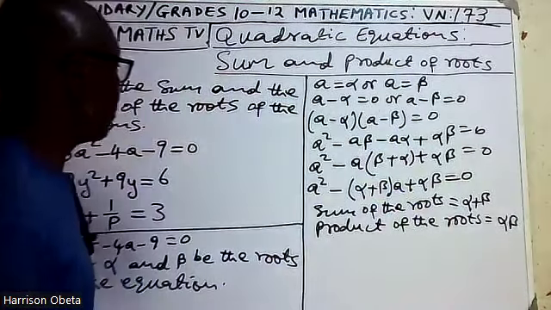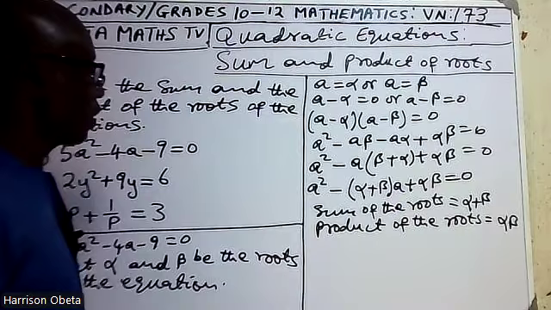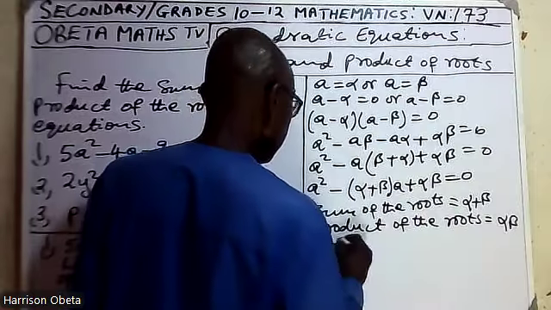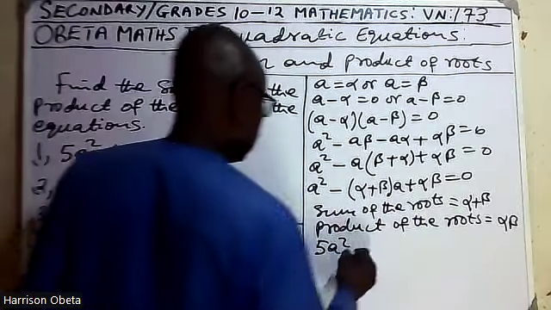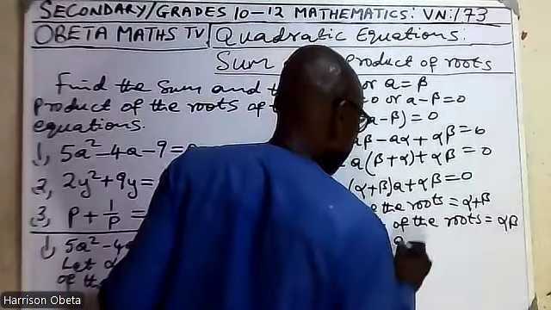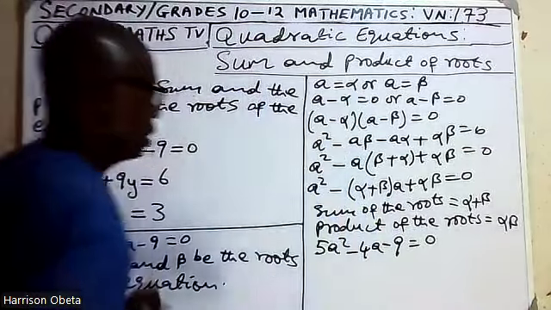So going back to the question, remember we have 5a squared minus 4a minus 9 equal to 0.